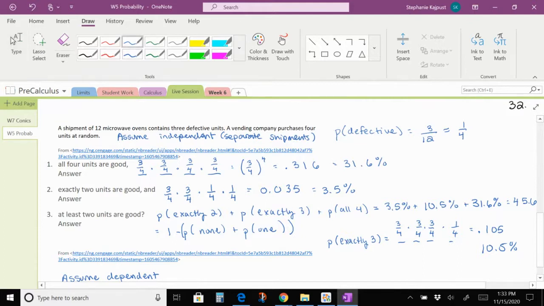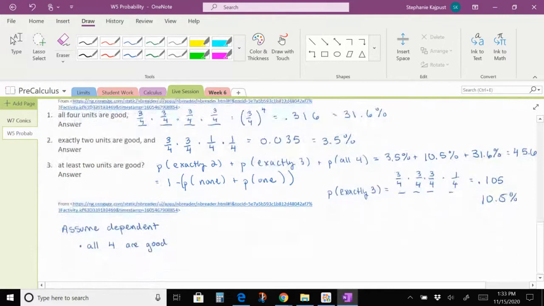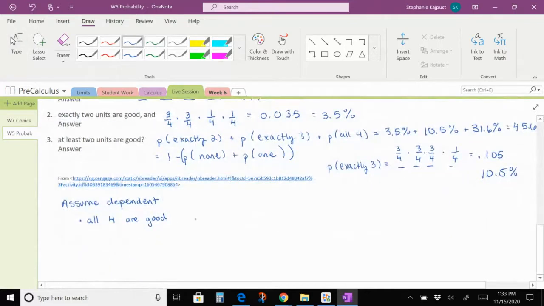So if we've got 3 defective, that means we have 9 good. So if we have dependent events where 4 are good, then we have 9 good ones to use, and we're choosing 4 of them. And we have 1 spot because we're assuming that all of them are going to be good. And then there's 12 units total, and you're choosing 4, so that would be your probability.